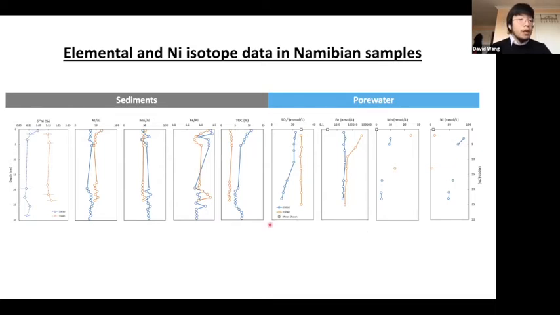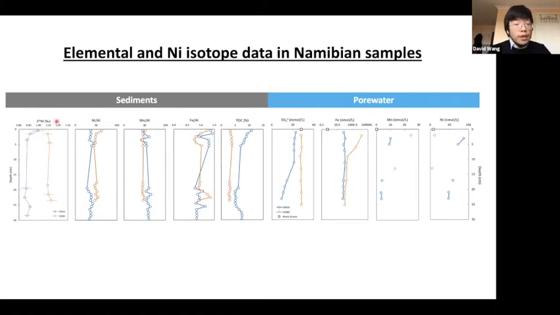And if we look at the sediment part, starting from the left, we can see a significant difference of nickel isotope between these two cores. It is around 0.2 per mil difference for the average composition, with a slight enrichment of heavier nickel at the top of the 2310 core.